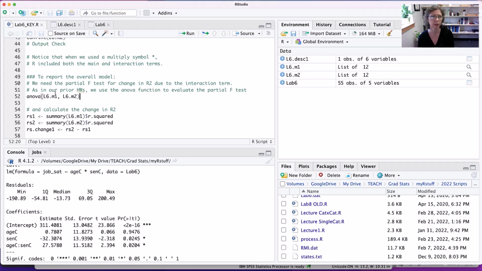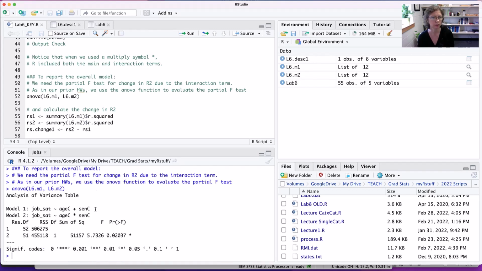So the ANOVA between model 1 and model 2, and it tells me right down in the console that my F test is right there. My degrees of freedom are going to be 1 and 51, and the significance value is 0.020. So that's what I need to write up the partial F.